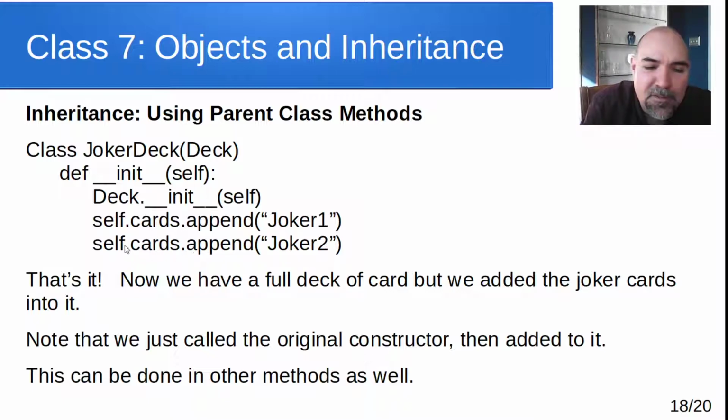And so this allows us to call the original version of this constructor, but then do additional things. Or we could call the original version of another method and then do a little bit of extra stuff added on to that. And note that you could have made the Euchre deck this way as well. You could have said call the original deck, put everything in, and then just remove all of the things that are 2, 3, 4, 5, 6, 7, 8 from that.